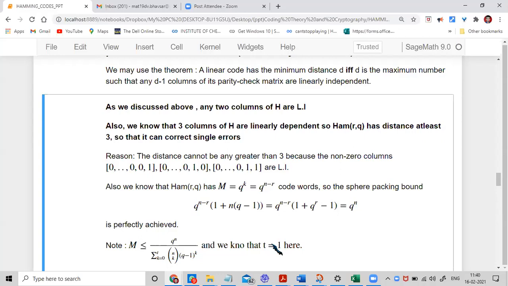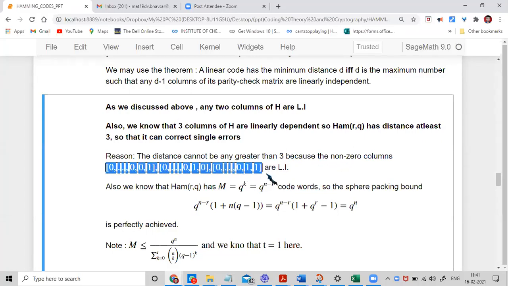Sir, I had asked some questions regarding this, that any two columns of H are linearly independent. But when we go for 3 columns, we get that they are linearly dependent. And I give the reasoning for the distance to not be greater than 3. So I can always have these three columns.